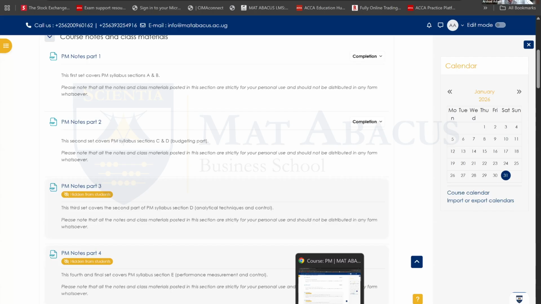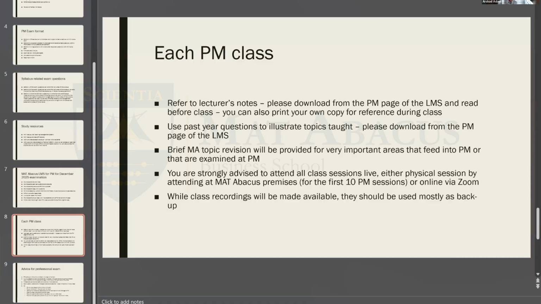Even the ebook for BPP, MAT Abacus is providing to you. So it's not really a money-making enterprise. Believe me, education is not like that. The school has been there for a long time, and we are a platinum school, so we are proud of what we do. Our lecturers are proud of what we do. But you have to do your part.